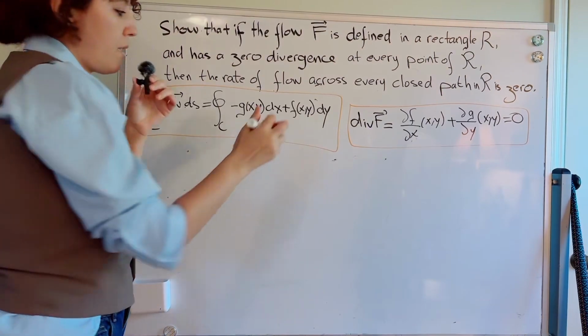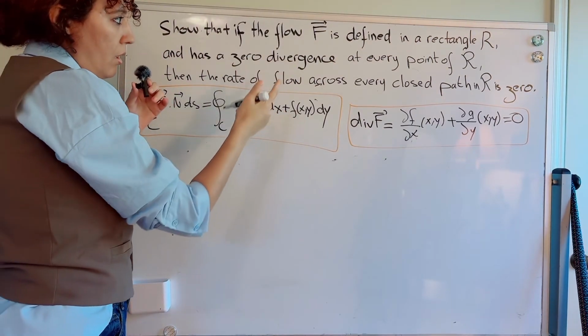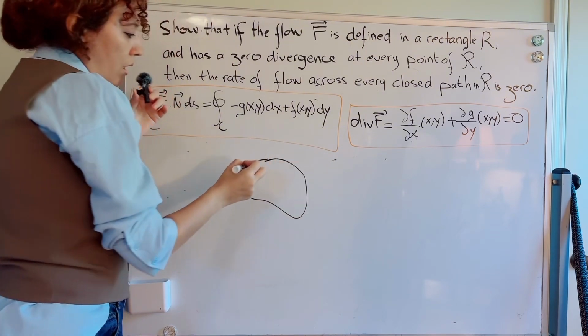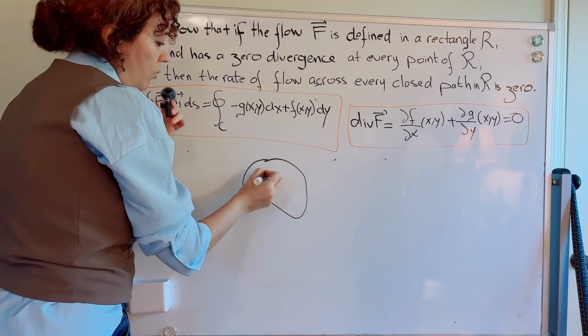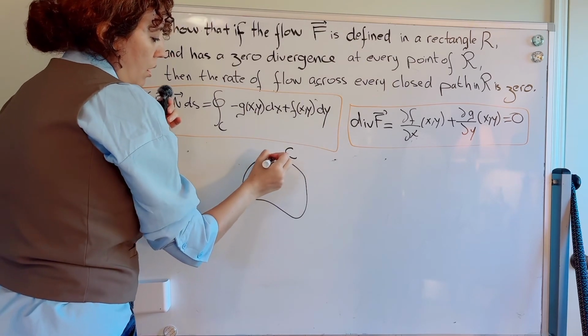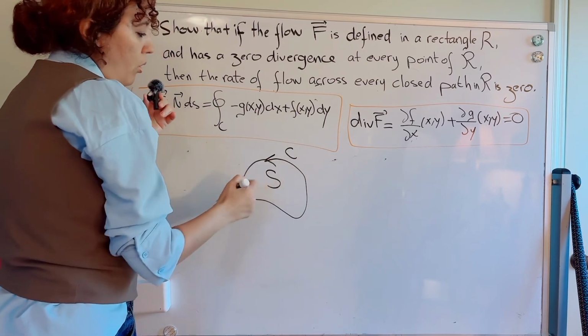So now let's take a closed curve C in R, and let S be the region bounded by C, with C oriented counterclockwise.